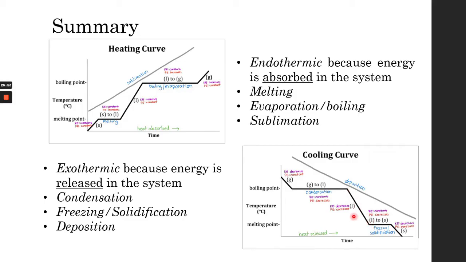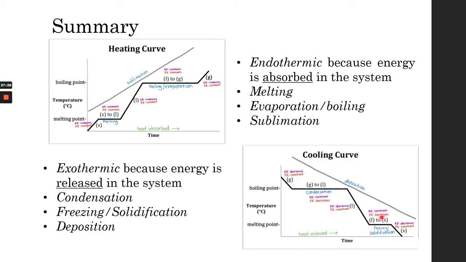And when temperature decreases, kinetic energy decreases, the particles start to slow down, but the potential energy is constant because there's no phase change until it reaches point D, which is the freezing point, basically the same as the melting point, wherein the release of energy results in the change of liquid particles to become solid. So they start to solidify or freeze.